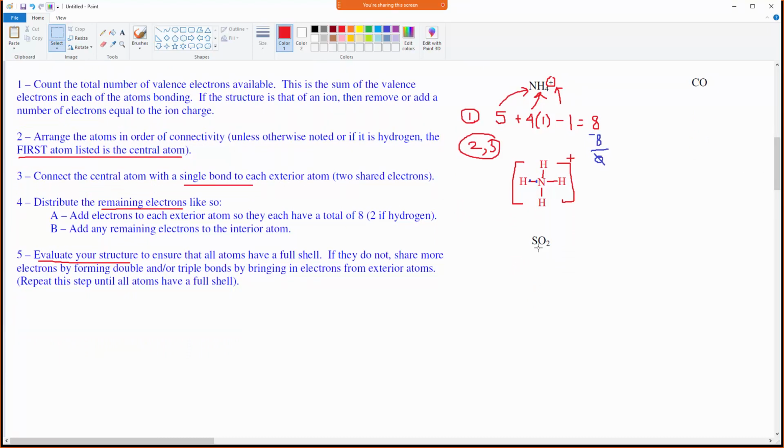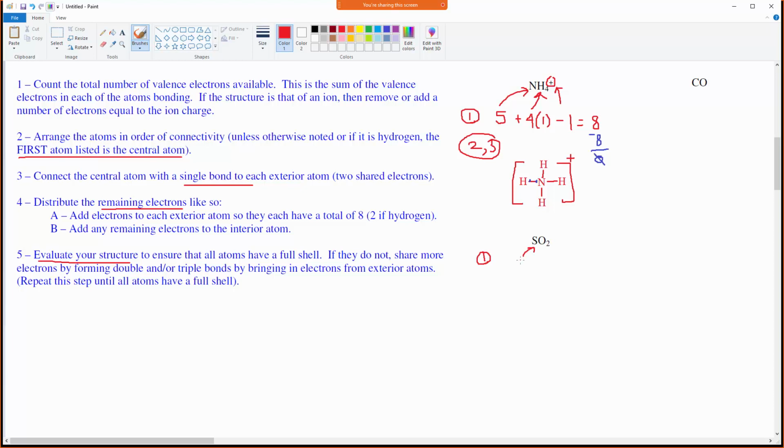Okay, let's do SO2. So step 1, now that I've shown you how to do it, you can help me here. Count the total number of valence electrons available. How many valence electrons do I have here? 18. Good job.